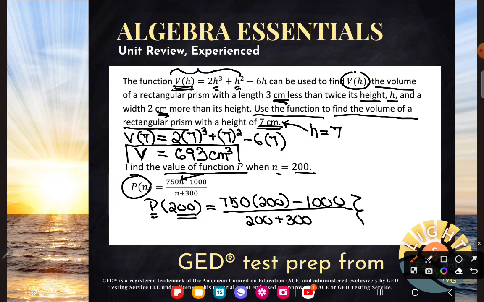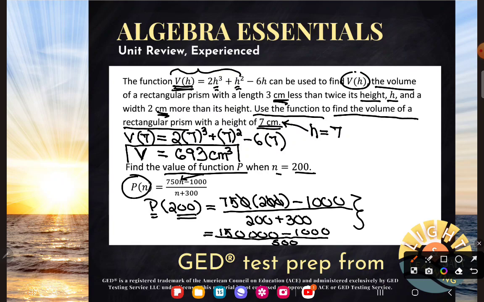And you can type this entire thing into your calculator if you want to simplify it that way. But I think I'll do it by hand. So let's see, 750 times 200, 75 times 200 is 150, and 1, 2, 3 zeros. And that's going to be minus 1,000. All over, simplifying the bottom, 200 plus 300 is 500.